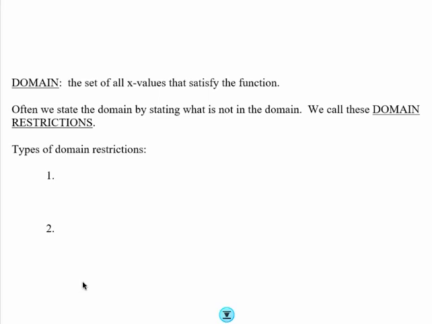There are two different types of domain restrictions. First, any x value that makes the denominator equal to 0 is a domain restriction.